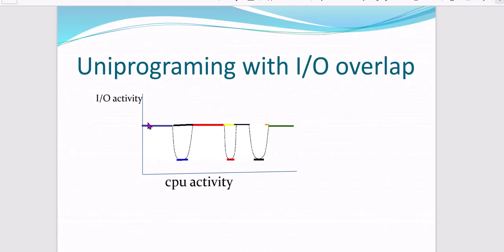But if you think about it, this period of time plus this period of time plus this period of time, and so on, is strictly less than that plus that plus that, and so on. So I'm benefiting. My programs are going to finish earlier than they would have otherwise done.